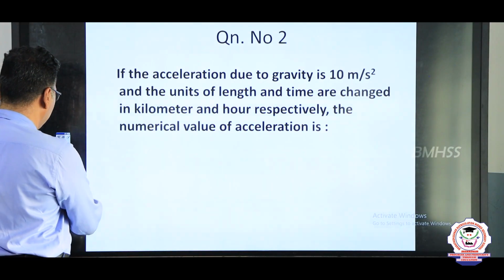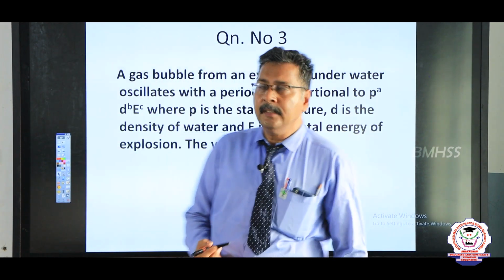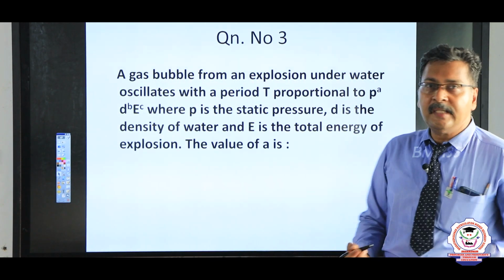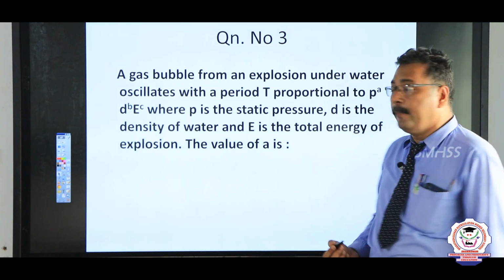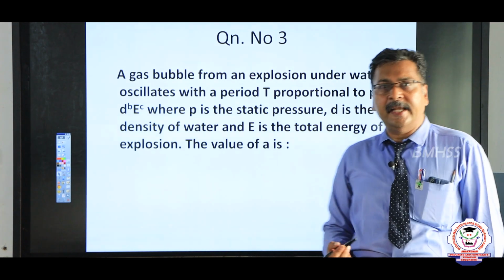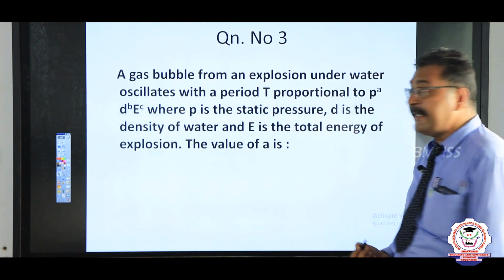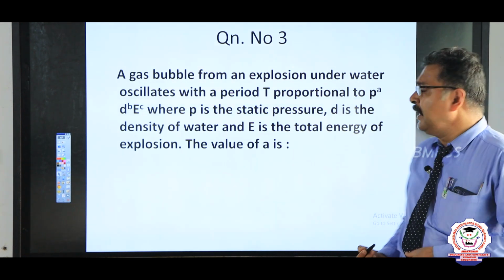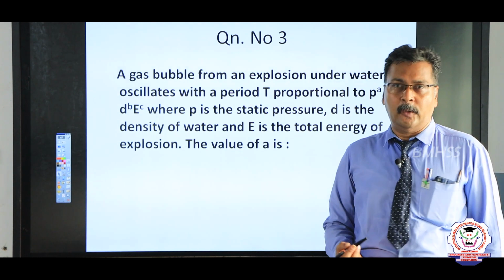Okay. Third problem. A gas bubble from an explosion underwater oscillates with a period T proportional to P raised to the power a, d raised to the power b, E raised to the power c, where P is the static pressure, d is the density of water and E is the total energy of explosion.